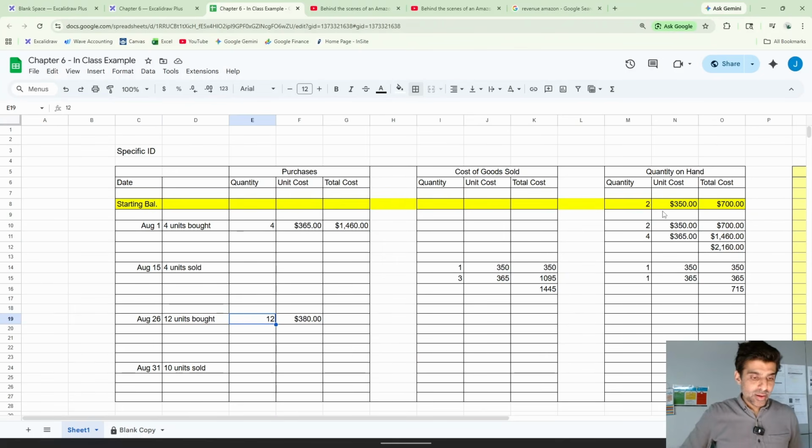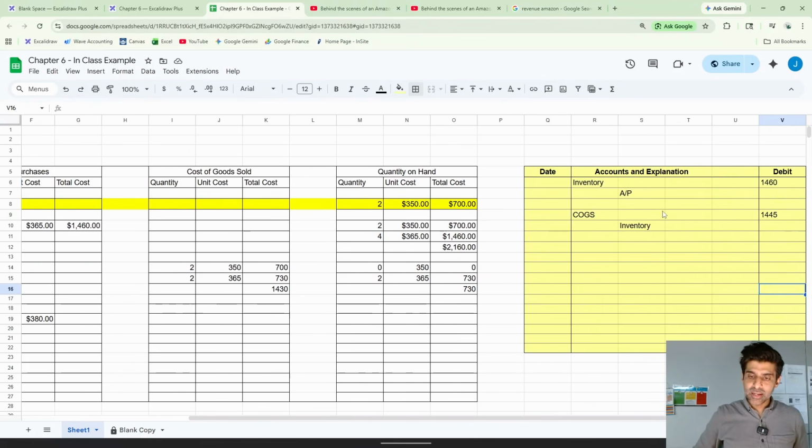Okay, so let's do the next one. So now we bought 12 units at 3. And again, I could have done 2 and 2, right? And that would have changed the situation. See, now it's 1,430. If I sold this, I would have 0 of these and 2 of these. So you can see here it would have changed my cost of goods sold, right?